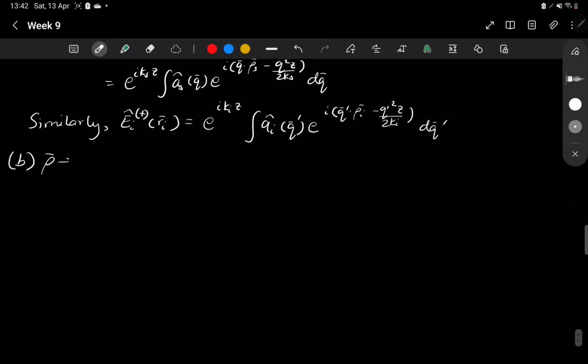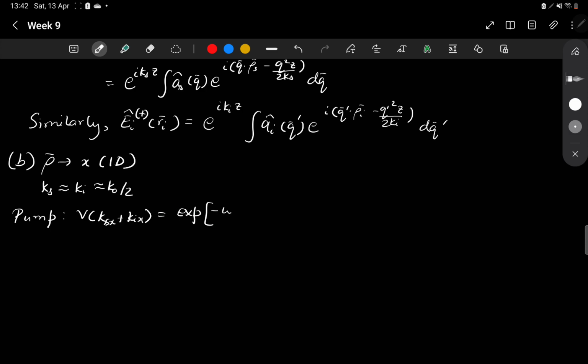So for the 1D version, rho will become x, and we are given this. The pump field profile becomes this. It's a Gaussian, which is completely spatially coherent.